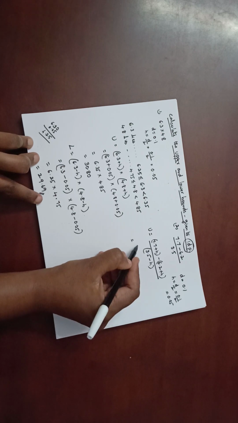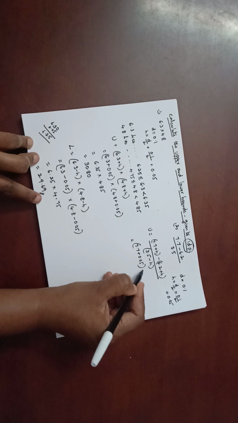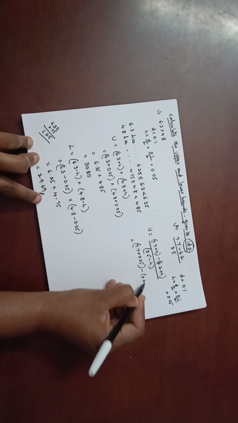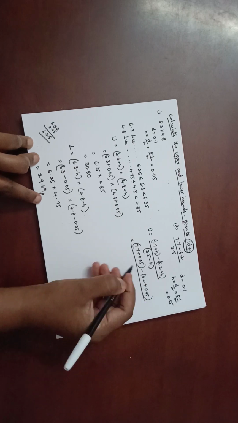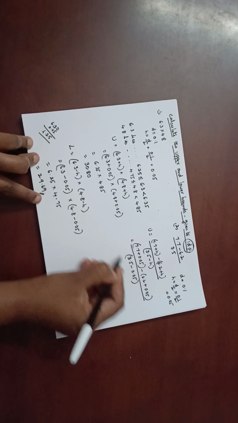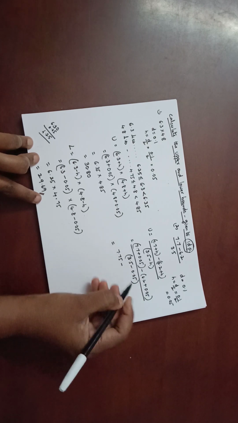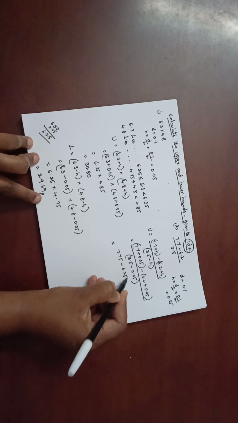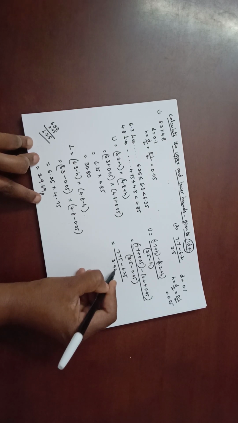So this is equal to (7.7 + 0.05) - (6.2 + 0.05) divided by (3.5 - 0.05). So here we are adding: 7.75 minus 6.25 divided by 3.45.